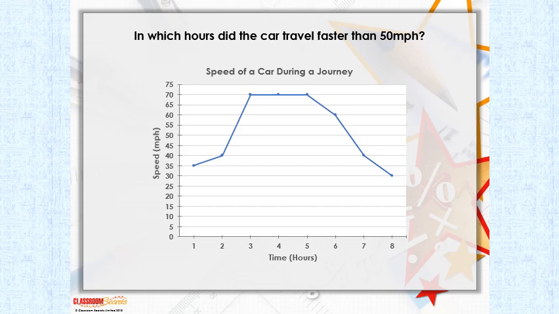Along the horizontal axis, you've got the time measured in hours, and along the vertical axis, you've got the speed, miles per hour, and then you've got the line showing you the facts. So that question again, in which hours did the car travel faster than 50 miles per hour? Pause here while you read the graph to interpret and answer the question.